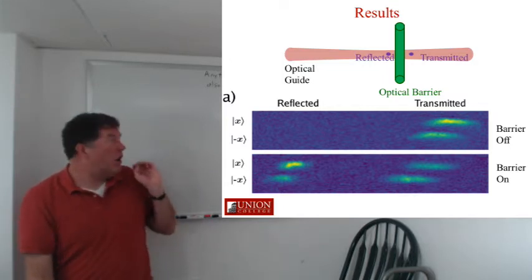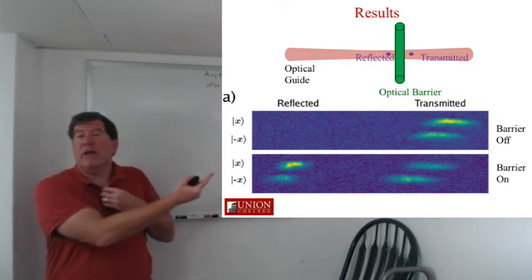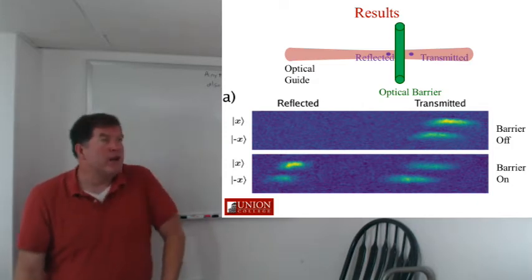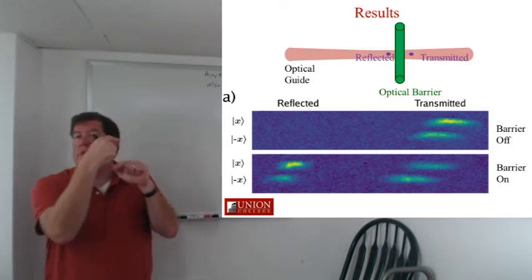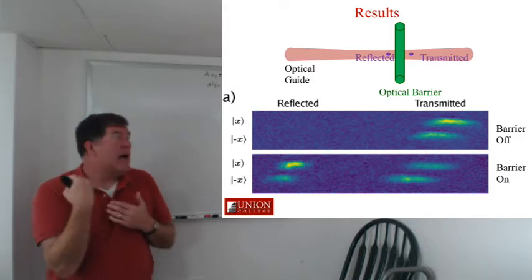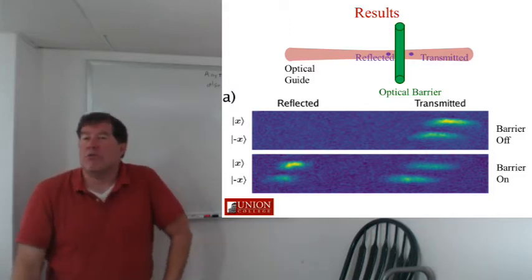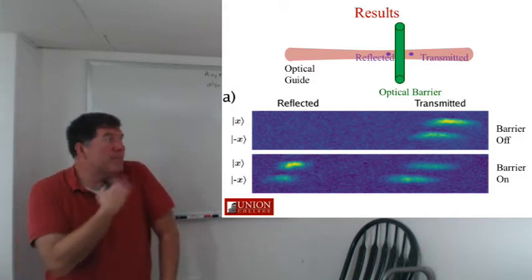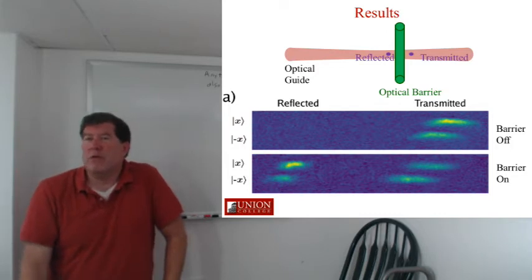You see all of the atoms made it to the far side of the barrier in the transmitted region. And there's some plus X and some minus X, which allows them to measure how much time it took those atoms to cross that barrier region. This lets them get the Rabi frequency for the laser very directly.